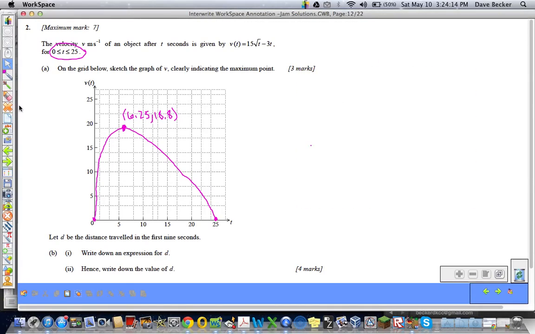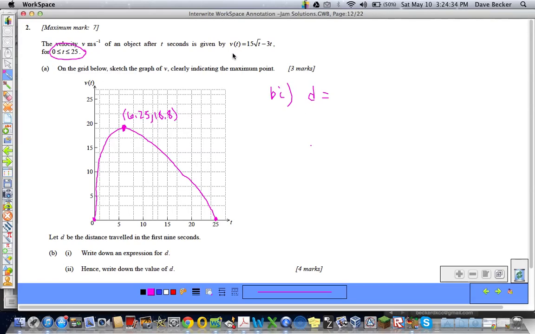All right, let's get rid of that. Let d be the distance traveled in the first 9 seconds. Write down an expression for d. So d is equal to, well, what is this? This is the velocity.